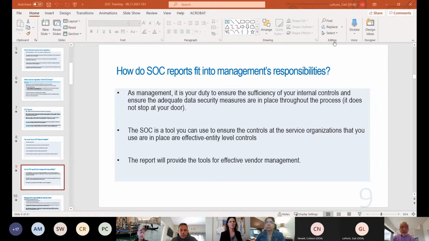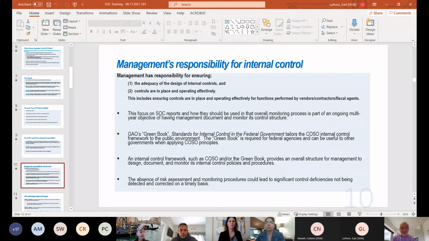On slide 10, as I was alluding to before, management does have a responsibility for ensuring the adequacy of internal controls and whether they're in place and operating effectively. So the SOC reports fit into that. They provide you the information that frankly would be nearly impossible for you to get otherwise.